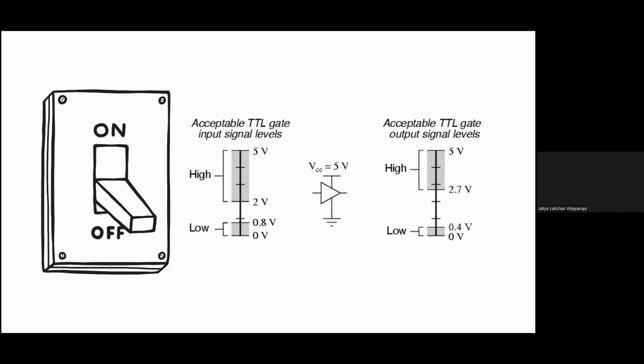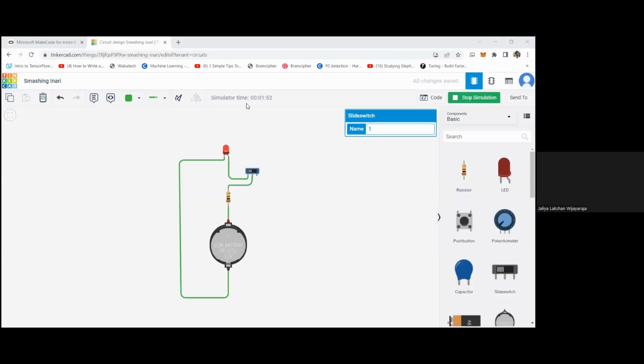If we turn it on, it will go to its voltage, and that will appear as a 1. So if I go to my circuit, I can use the digital signal to turn on and off my LED, because if I turn it on here, it will be 0.